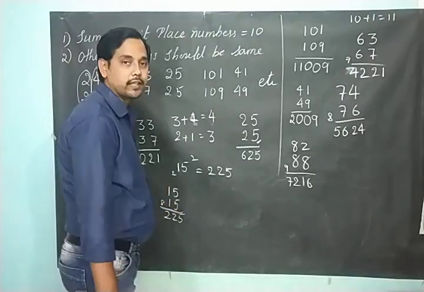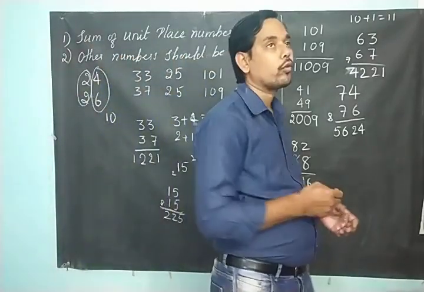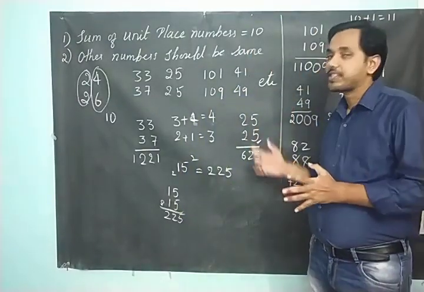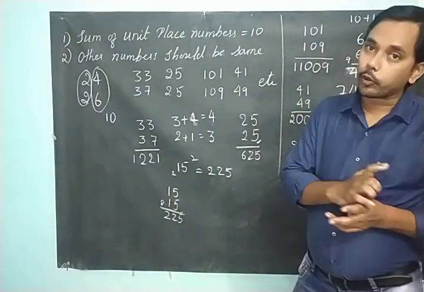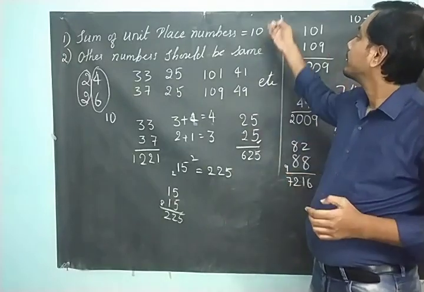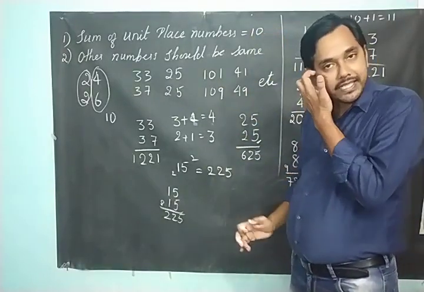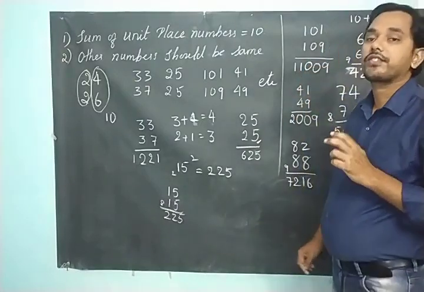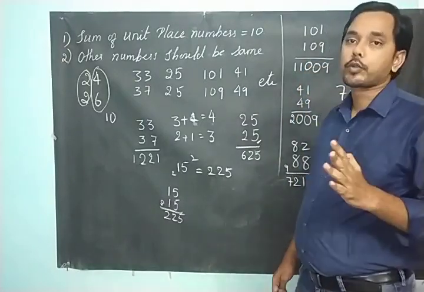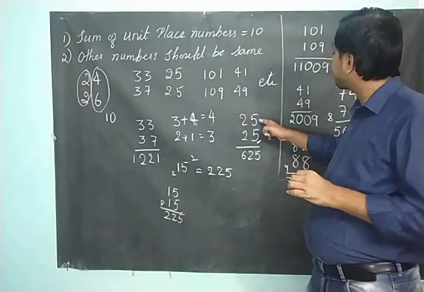So you will get 225. It's like multiplying the numbers separately. You can use this trick to get the product of numbers whose sum of unit place is 10 and remaining numbers are the same. And also you can use this trick to get the value of squares of numbers ending with 5.